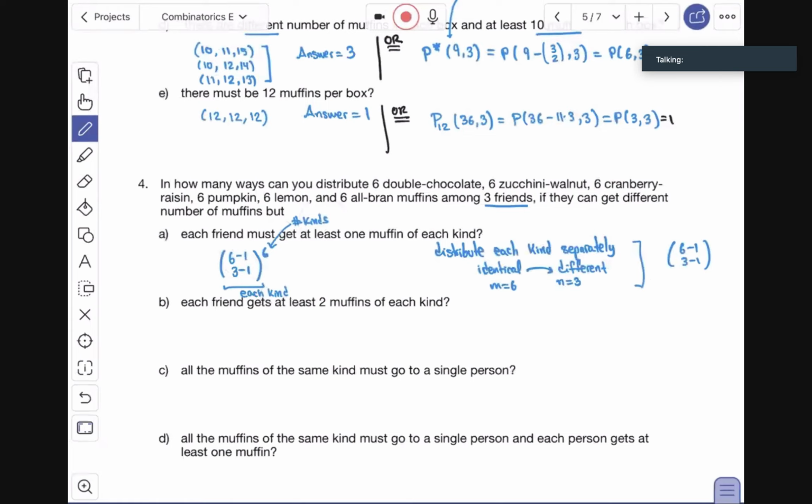Okay, so in the next one, each friend gets at least 2 muffins of each kind. Well, you only have 6 double chocolates, so each friend gets 2, 2, and 2. Friend 1 gets 2 chocolate. There's only one way.